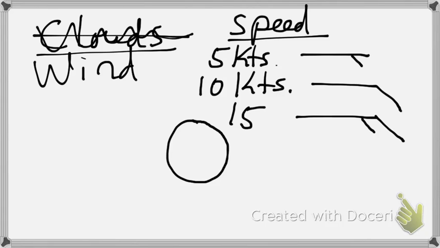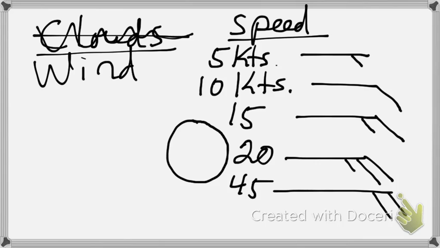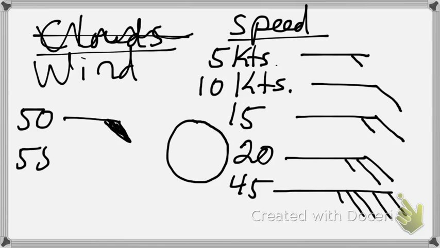You just add them up. 10 plus 5. 20, 10, 20, 5. You go all the way up, say if you have 45, 10, 20, 30, 45. For 50, however, is a triangle. Looks something like that. For 55, it is a triangle with that. And so on and so forth.